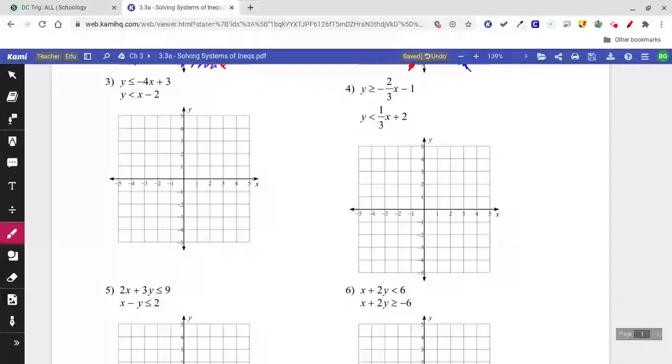So we keep going. It's more of the same. I'm going to try to go fast here. So the first one, the top one, start at 3 and go down 4 and right 1, down 4 and right 1. This is a solid line, and we shade down.